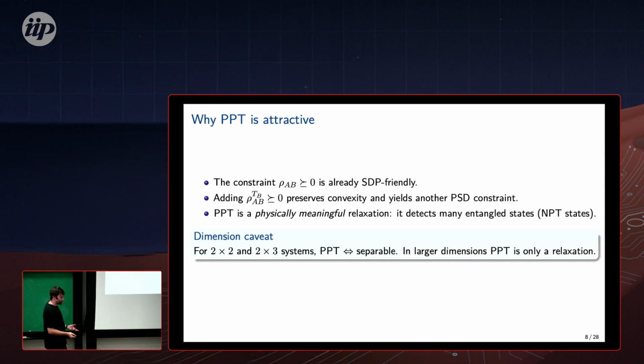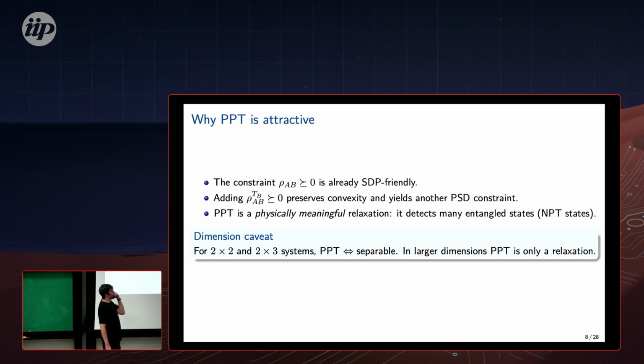Because of this, we can use the partial transpose as a way of relaxing the idea of optimizing over separable states, and it will detect many entangled states, as we've just seen.